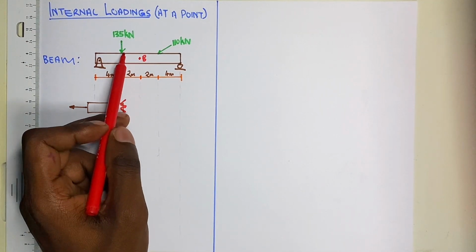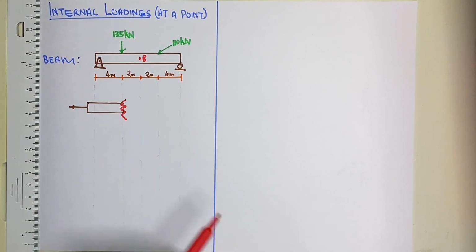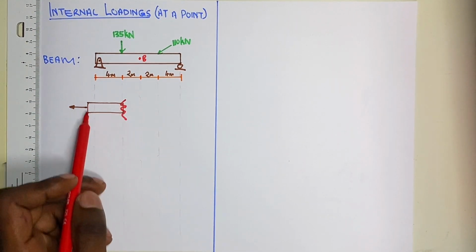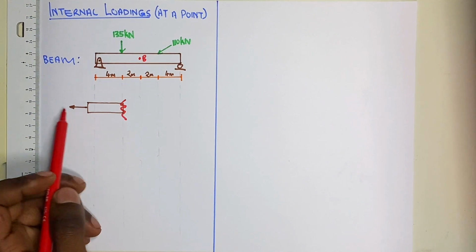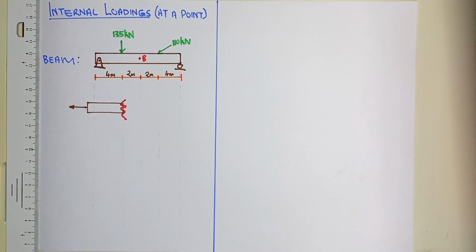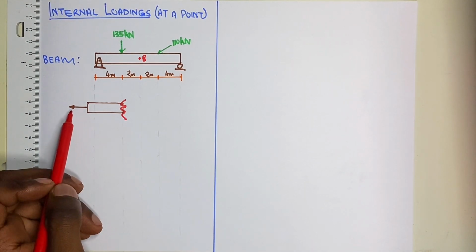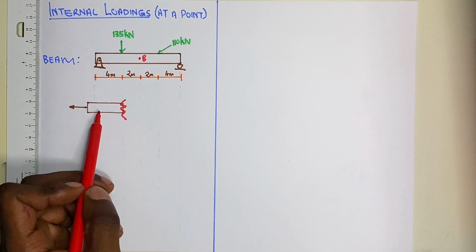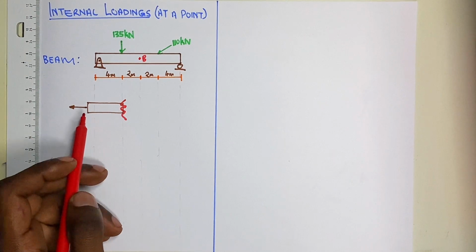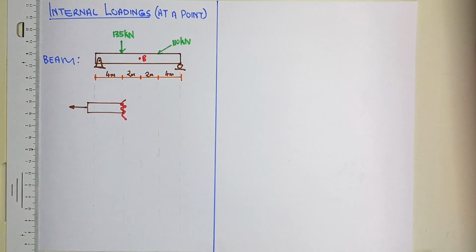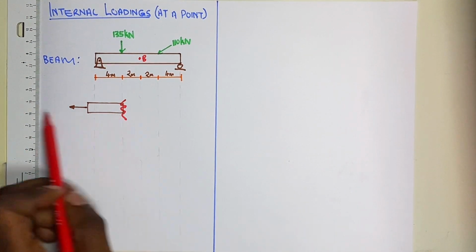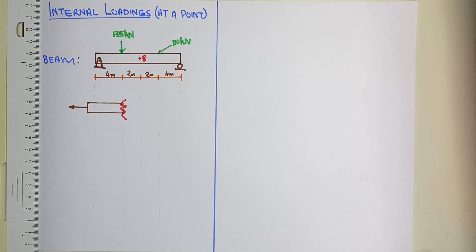Even if I cut a section of this beam, it wouldn't make sense to have a section of this beam and just one applied force that goes into one direction. Intuitively, you would see that if this force is left alone, then this section of the beam will start moving, will be displaced in that direction.